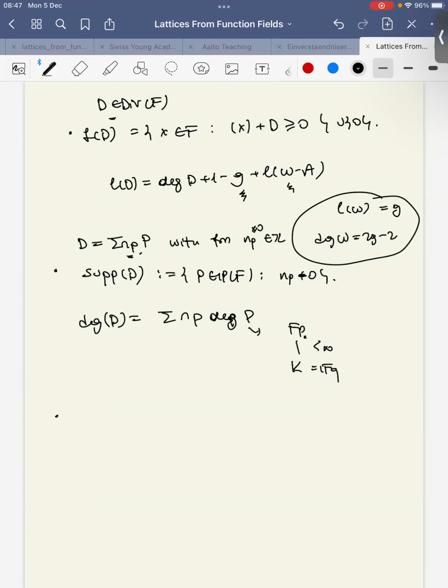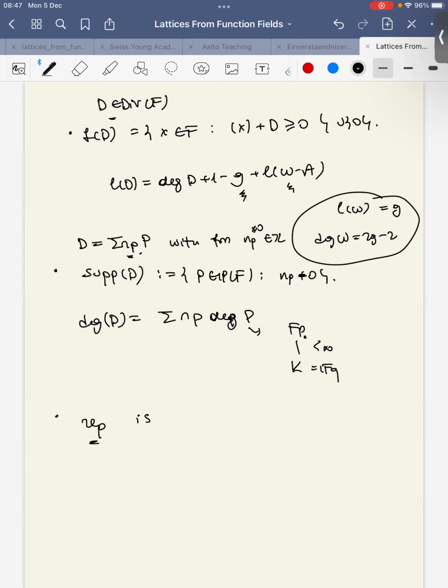For the computational aspect, because the places and the valuation rings were purely algebraic notions, we correspondingly studied discrete valuations, discrete evaluation maps inside of the function field.